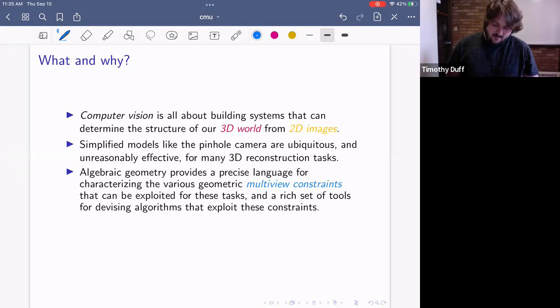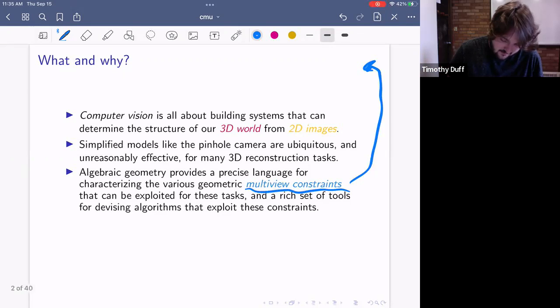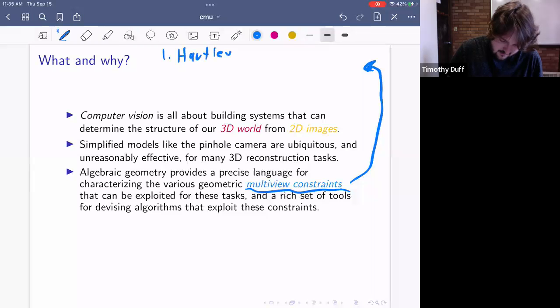And in particular, I'm going to tell you something about what people often refer to as multiview constraints. And just in case you're curious and want to go read something later, I can tell you about two relevant references. So one would be this book by Hartley and Zisserman, sometimes called the Blue Book.